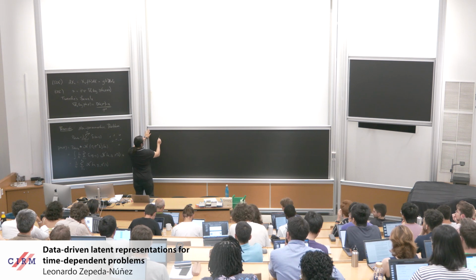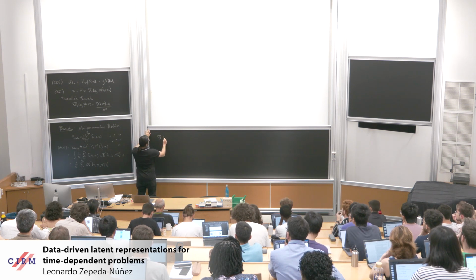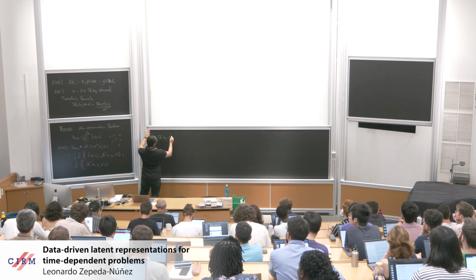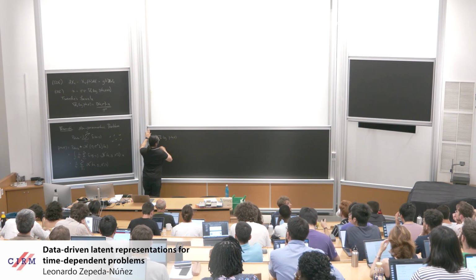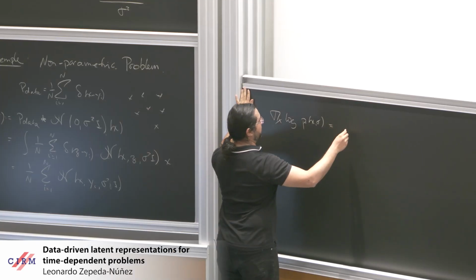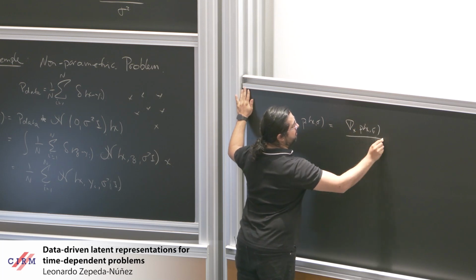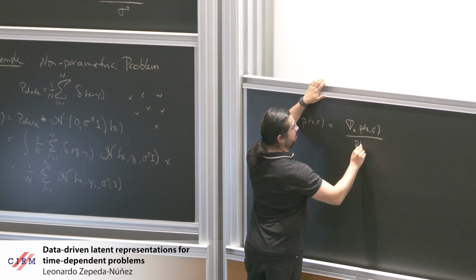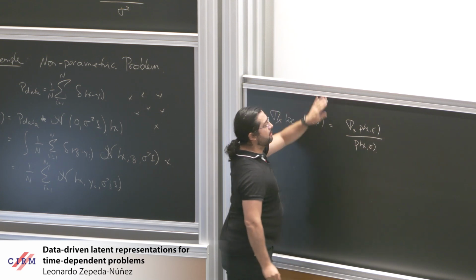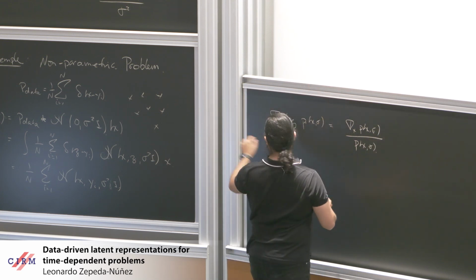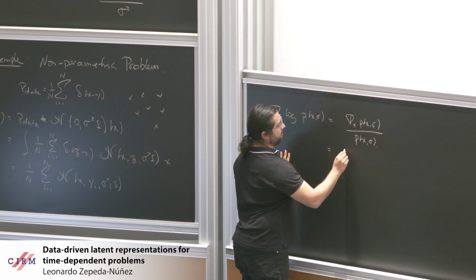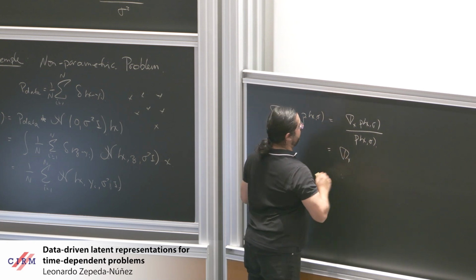What you have is the gradient with respect to x of log p of x, sigma. And again, this is nothing more than the gradient of p of x, sigma divided by p of x, sigma. Now, you can just go further. This is the gradient of, okay, this is going to be annoying.